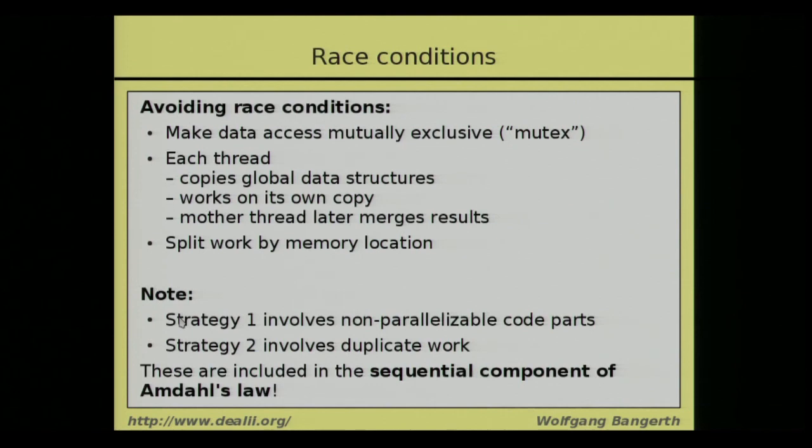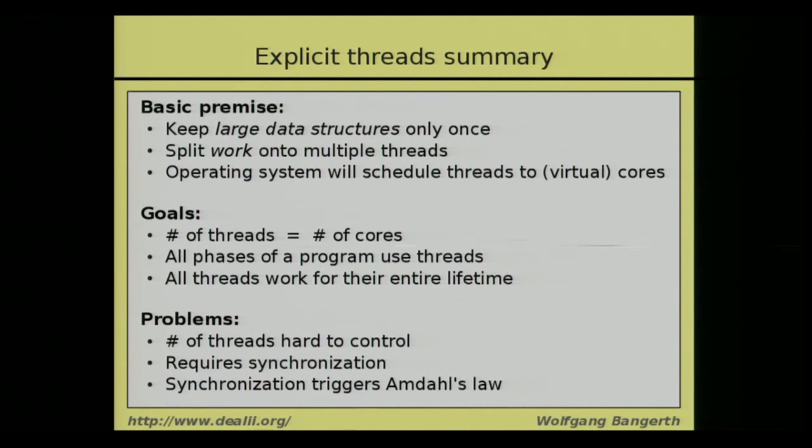I pointed this out, that when you use strategy 1 with the mutex, you introduce a sequential part, namely the writing part, where only one thread can work at a time. That contributes to the sequential component of Amdahl's law, and you will not be able to expect too much speed up in that case.